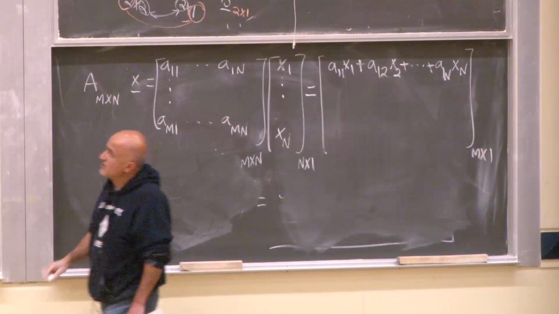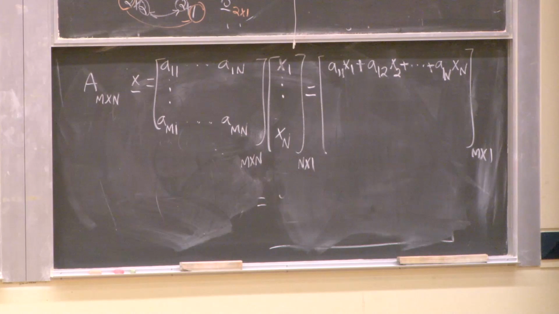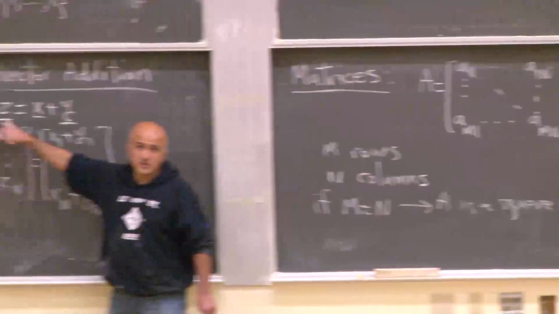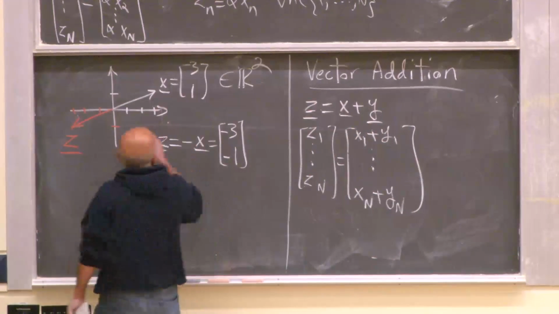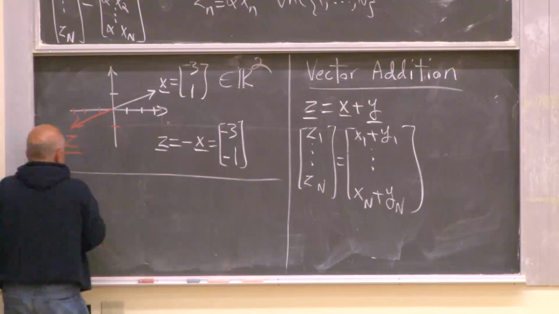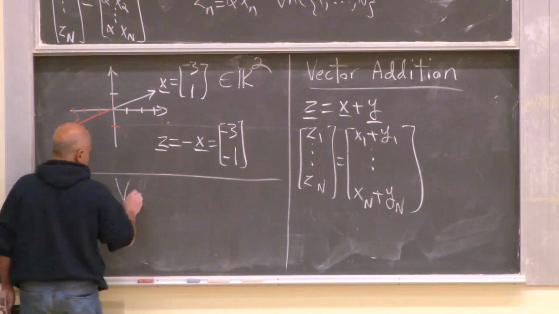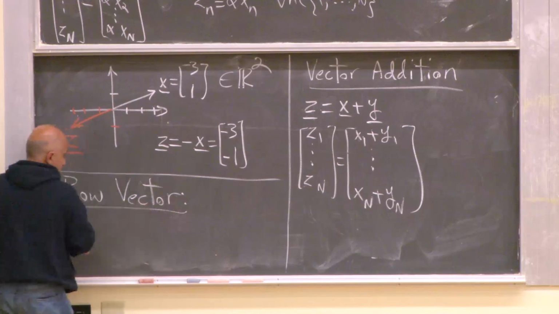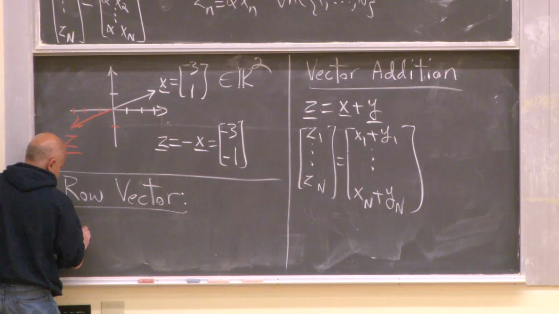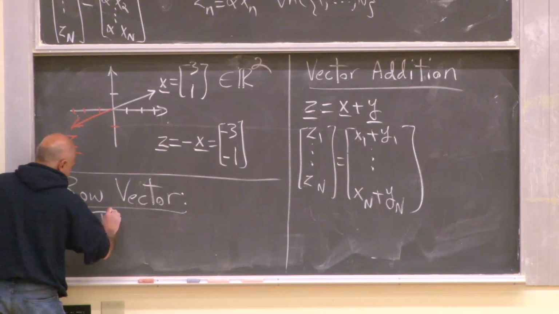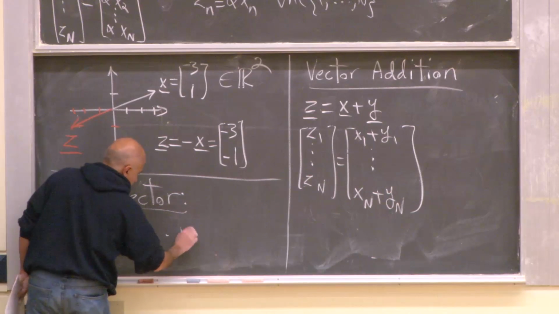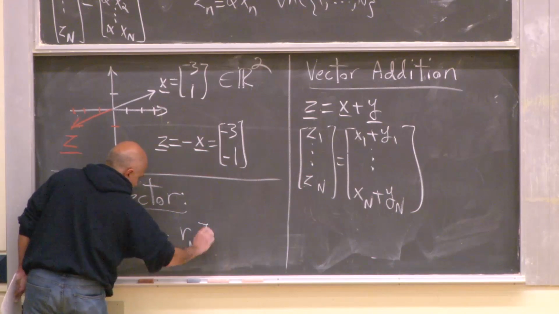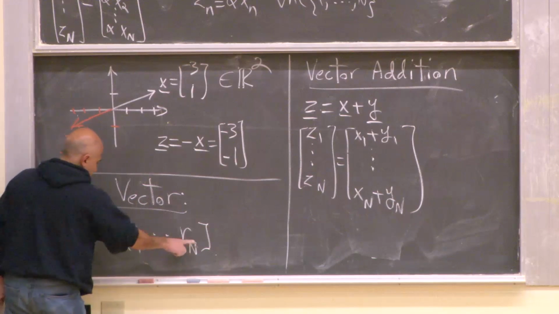One thing that I forgot to mention about vectors is that when I don't say anything else other than the symbol and the underscore, I mean a column vector. There's this other type of vector that will pop up very often, and that is a row vector. So you may want to go back to your notes on that section. So if I say, for example, r^T, T stands for transpose, and that's a vector with, let's say, n components.